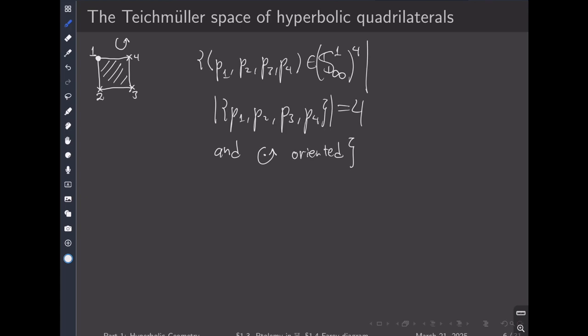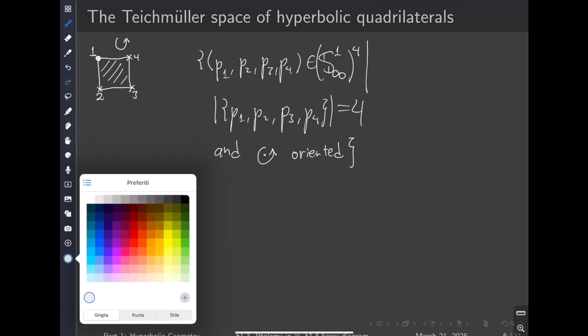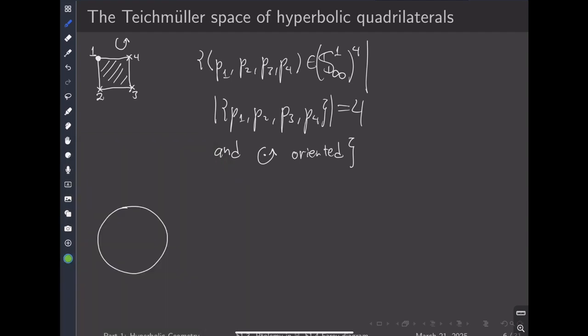So the picture to keep in mind is that to give one such point in this space, I have to give you 4 points, but not only the convex hull, there is also a distinguished one.